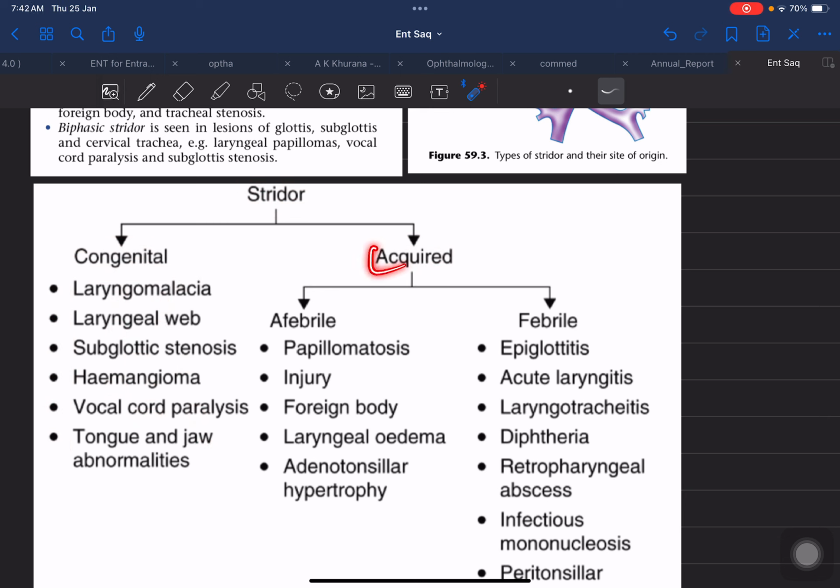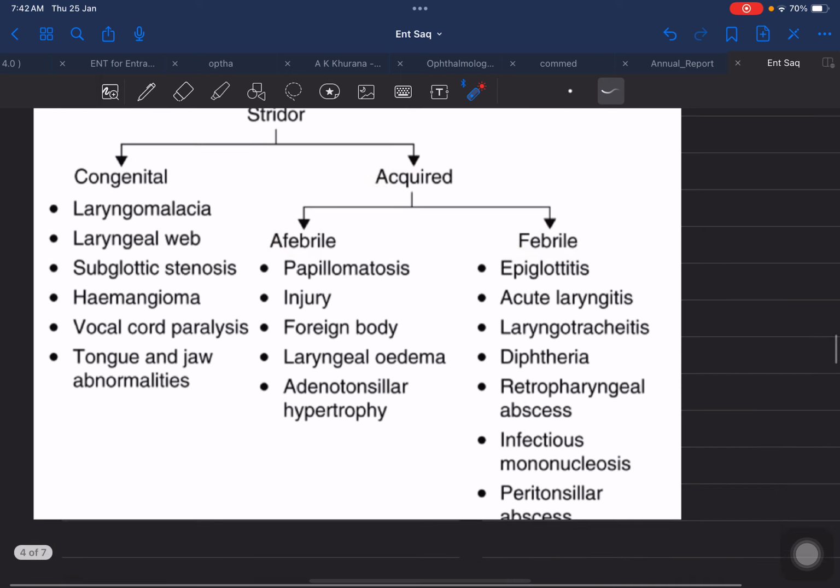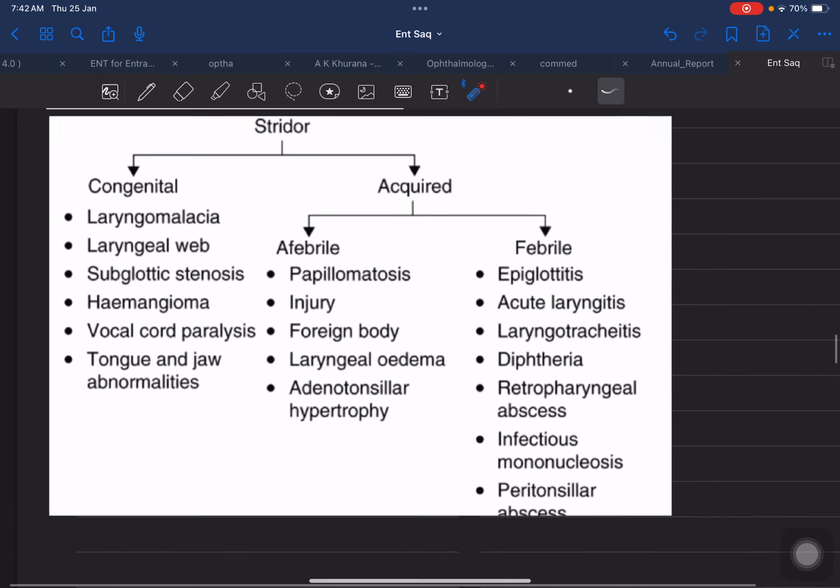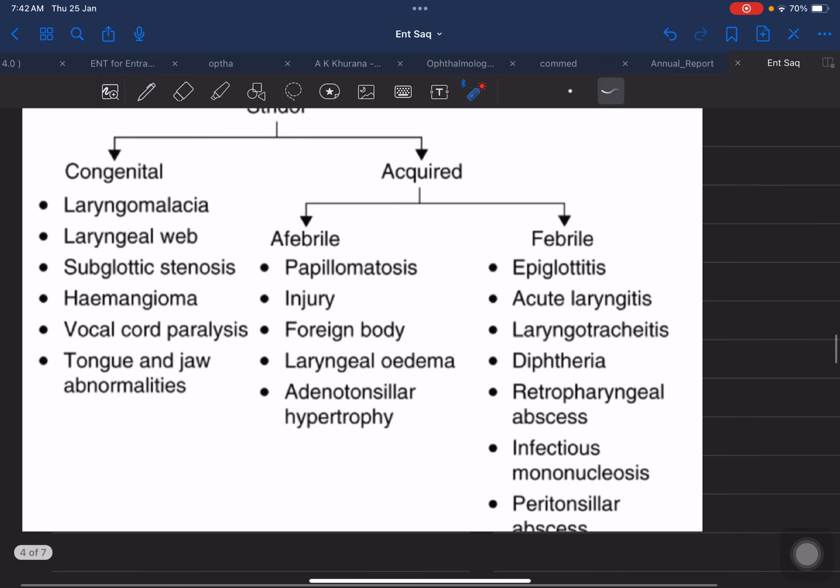And talking about the acquired ones, one can be febrile and another can be afebrile. Febrile means fever, which is a symptom of inflammation. So every inflammatory condition is febrile, such as epiglottitis, acute laryngitis, laryngotracheitis, diphtheria, retropharyngeal abscess, infectious mononucleosis, and peritonsillar abscess.